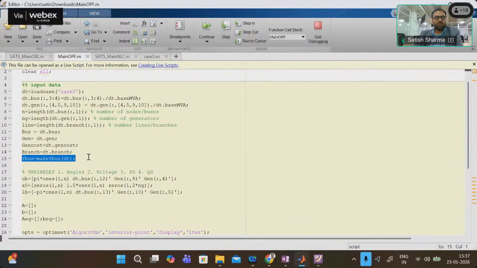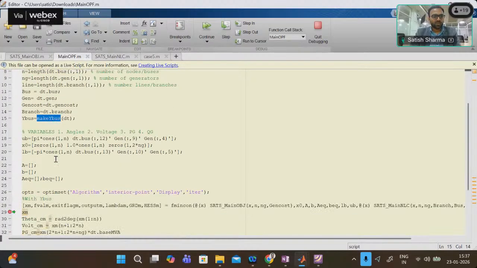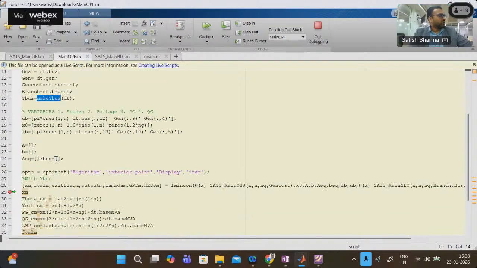I just use these two commands, like loadcase, just to copy, and I don't want to copy and paste everything here. So I use loadcase, and as makeYbus is available there in MATPOWER, that's why I used it. But we could have easily programmed it as well, it's not a big deal, it's hardly a few lines of code.